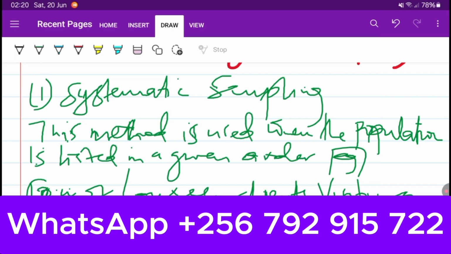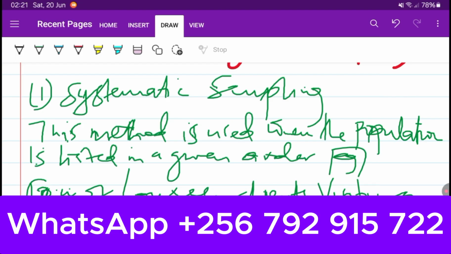And then systematically, for the samples of any given position or any number of items in the population, the nth number is going to be chosen, depending on the sample size.